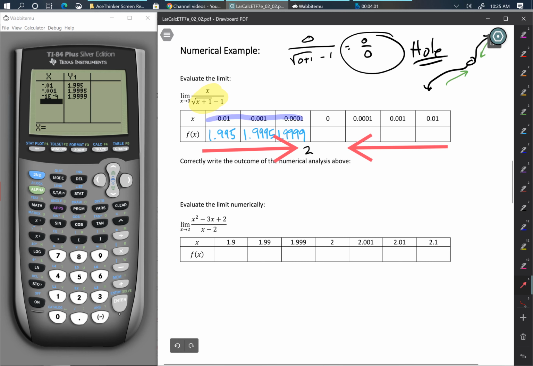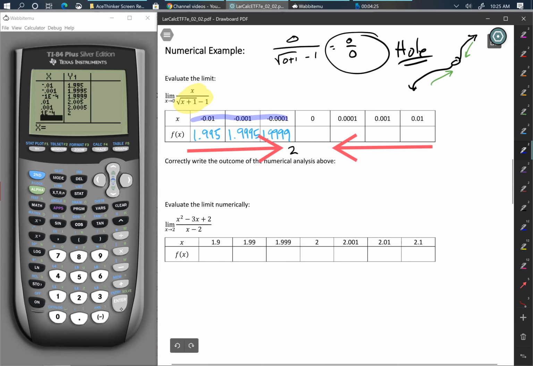So now I'm going to try those other numbers, those positive ones. So 0.01, 0.001, 0.0001. And it looks like this was 2.005, and this is 2.0005.